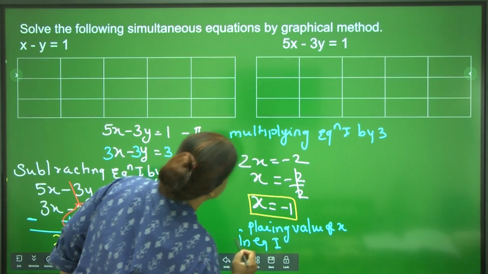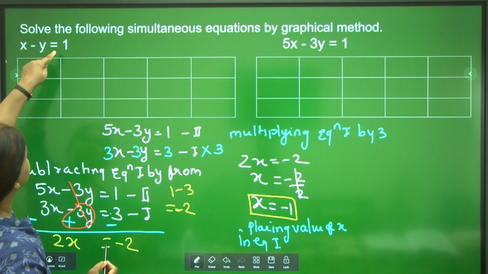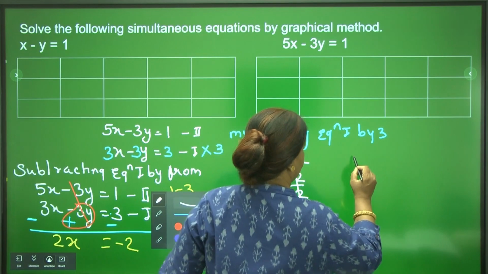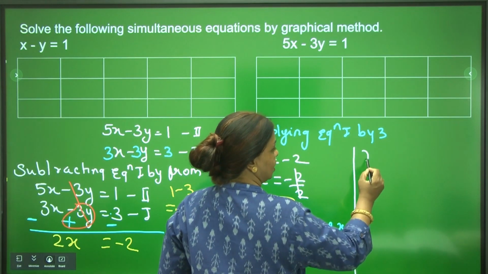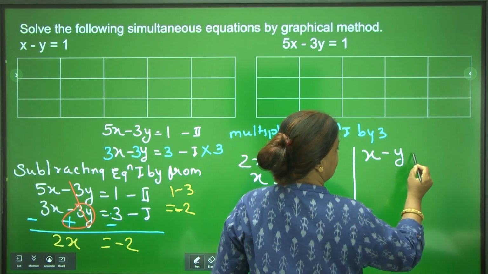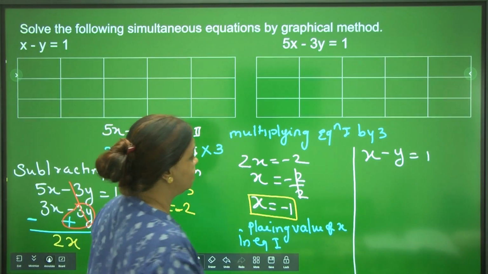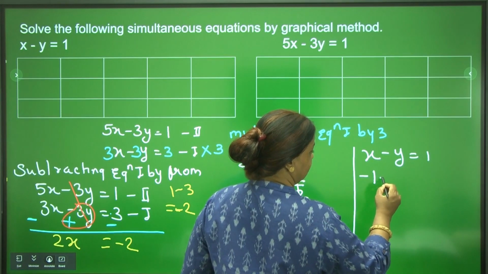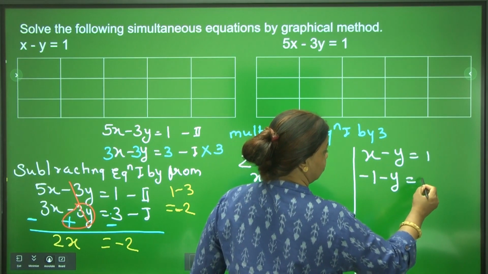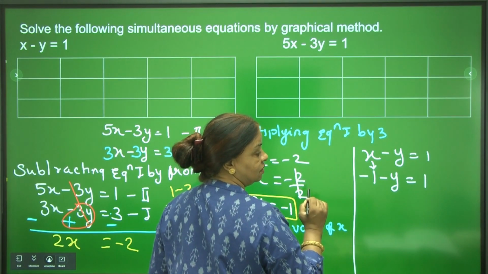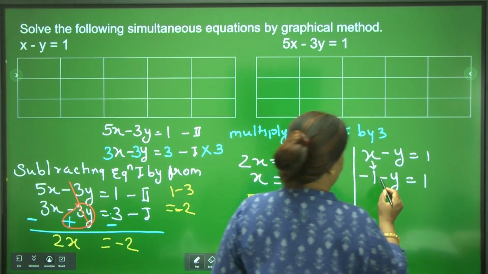What is my first equation? x minus y is equal to 1. So when I place, what do I get? x minus y is equal to 1. So when I am placing x as minus 1, minus 1 minus y is equal to 1. Placing value means in place of x you will place the value of x, and x value is minus 1.